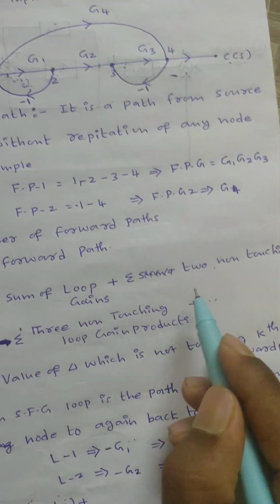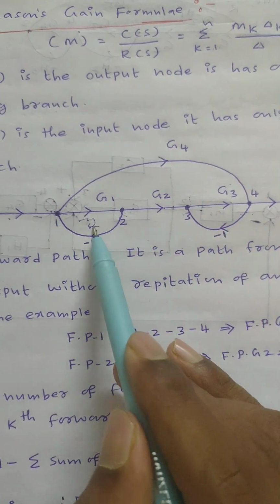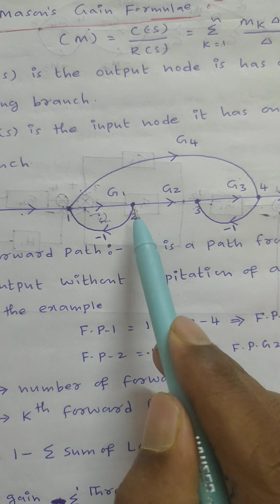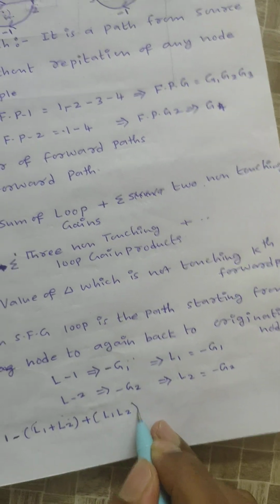Next, plus the sum of two non-touching loops. Here L1 and L2 are non-touching, there is no contact between L1 and L2. So plus L1 into L2.